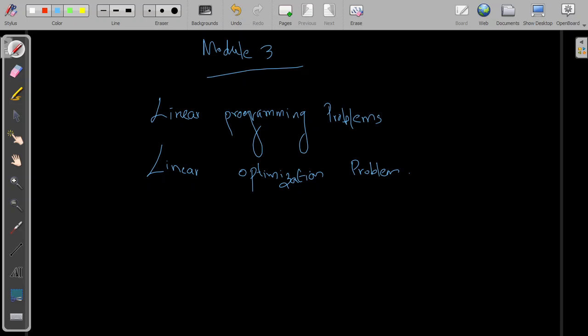But that is actually non-linear in the case of unit commitment and fuel cost as objective functions. Now here we will discuss the linear objective functions.